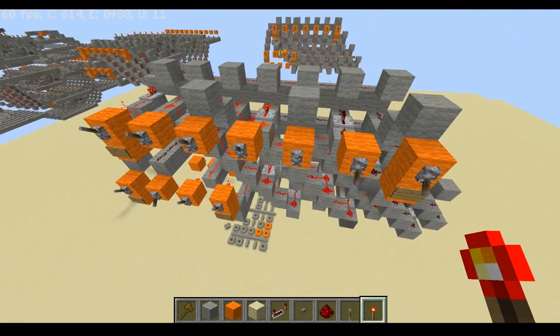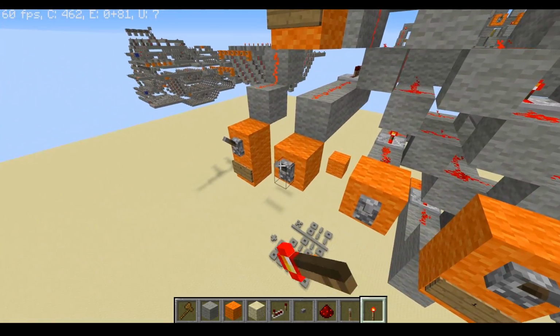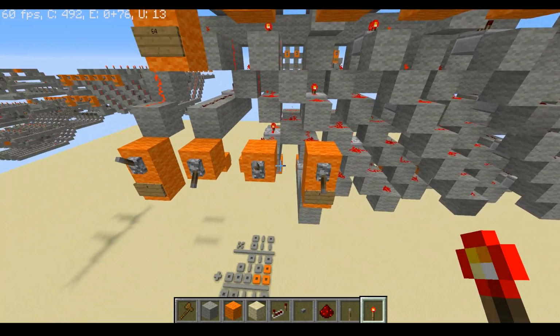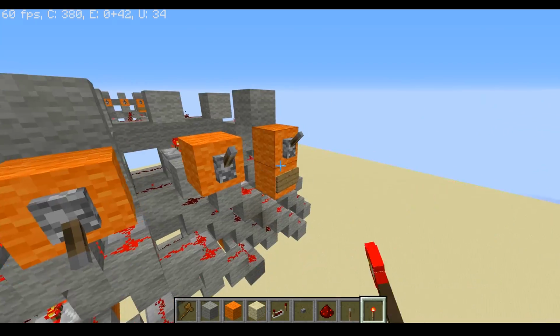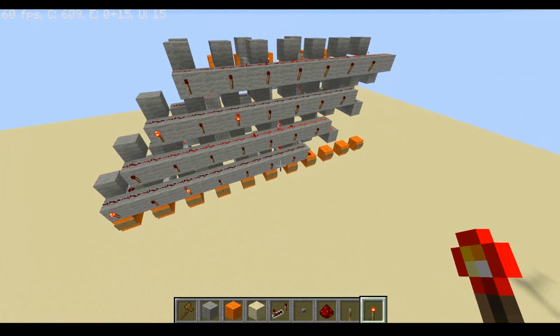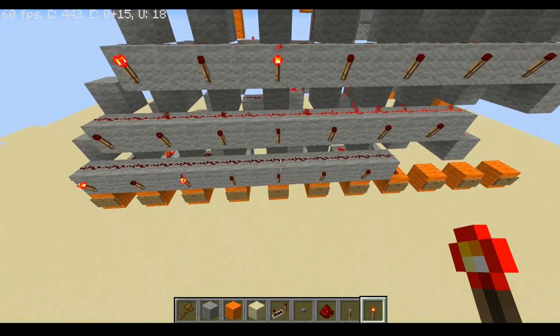Alright, so basically how it works is if you want to multiply, let's just say 5 times 5. You would sum up each row.